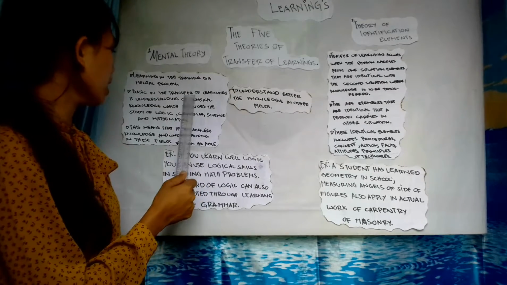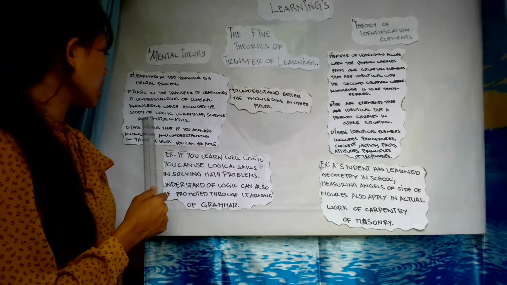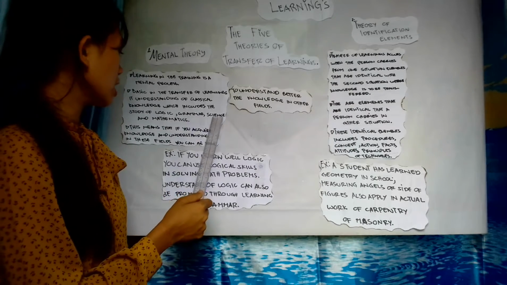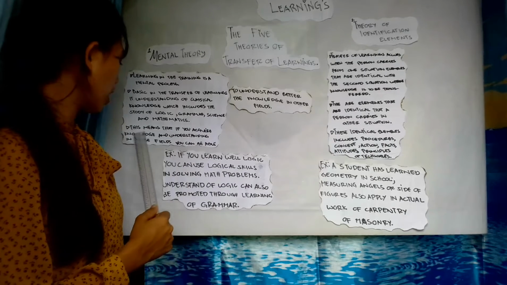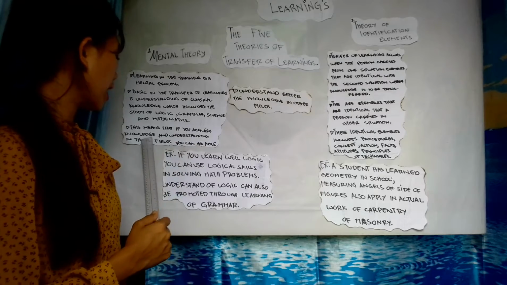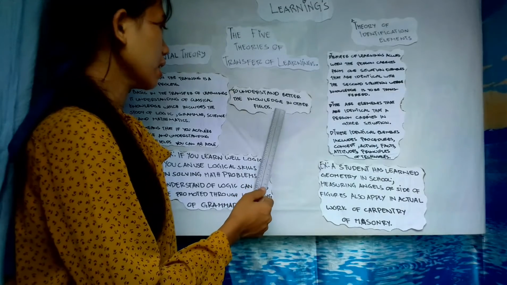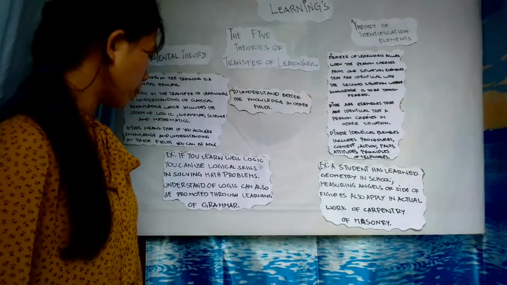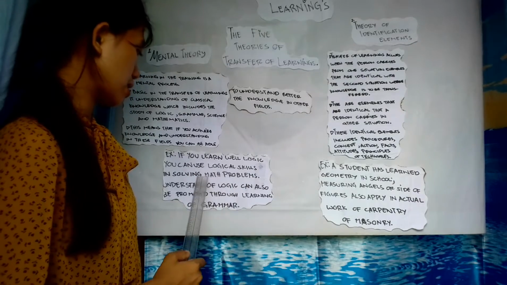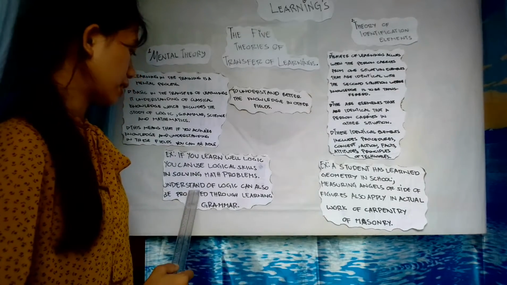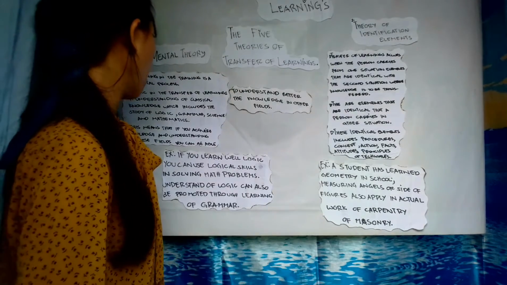The basis in the transfer of learning is understanding of classical knowledge, which includes the study of logic, grammar, science, and mathematics. This means that if you acquire knowledge and understanding in this field, you will be able to understand better the knowledge in other fields. For example, if you learn logic well, you can use logic skills in solving math problems. Or understanding of logic can also be promoted through learning of grammar.